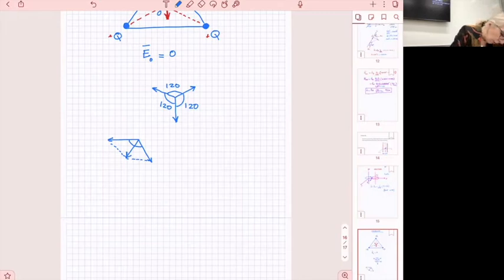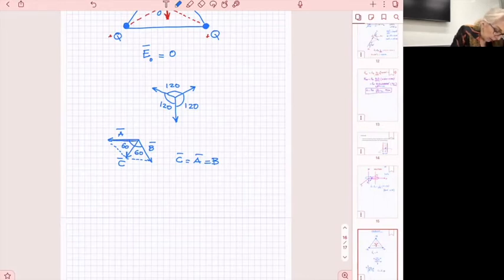So the sum of vector A and this vector B is this vector C, then vector C is going to be equal to A and equal to B. And this angle is going to be 60 here and 60 there.